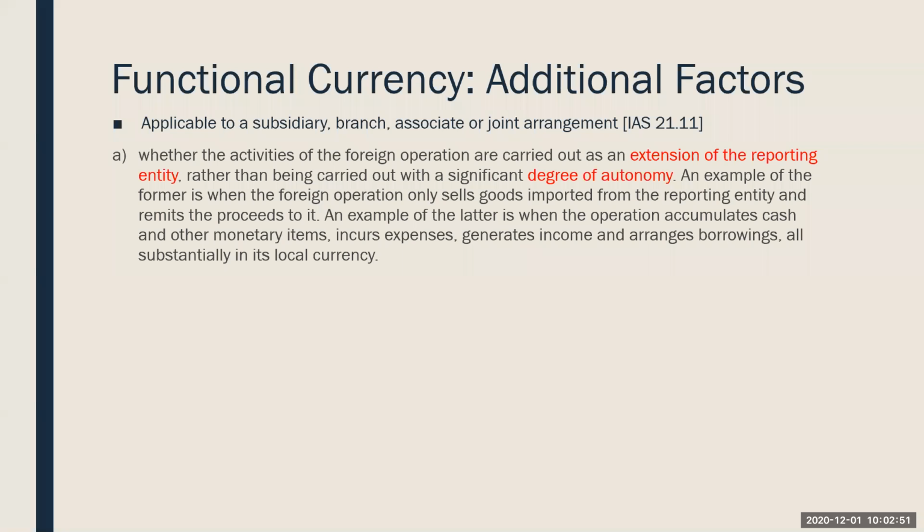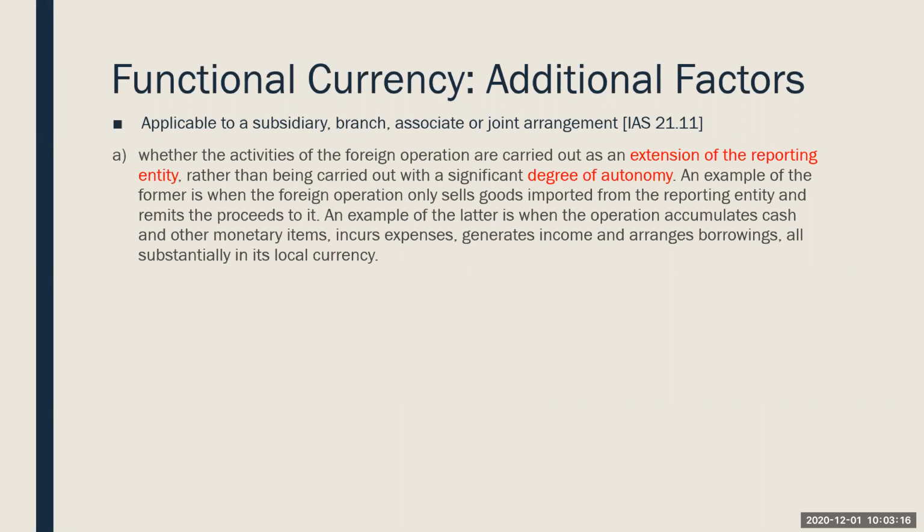An example of a foreign operation that operates with a significant degree of autonomy is when the operation accumulates cash and other monetary items, incurs expenses, generates income, arranges borrowings, all substantially in its local currency.